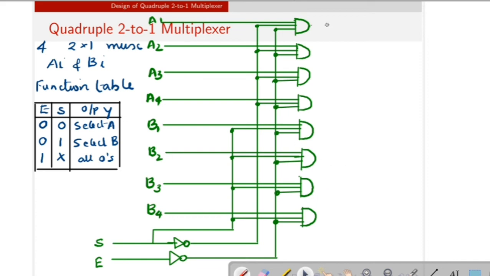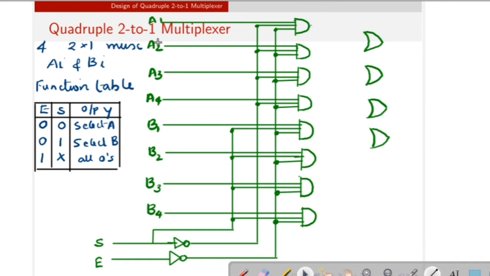Next we take the output from the AND gates and give it to an OR gate. Here there are 4 2x1 multiplexers, so we have 8 AND gates and 4 OR gates. The input of the first OR gate is for the first multiplexer, whose inputs are A1 and B1.